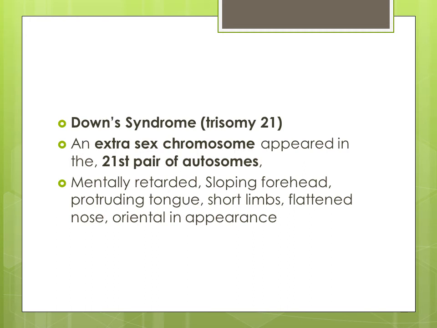There are parts of their body or appearance that make it quite easy to detect that there is a problem with their chromosomes. You can see the sloping forehead, short limbs, and flattened nose, and their appearance is similar to other children suffering from Down syndrome, or trisomy 21.